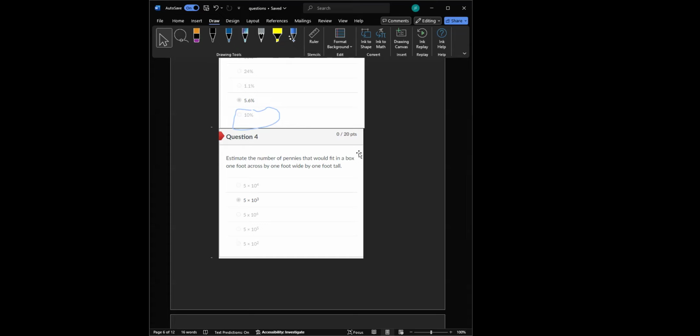Gotcha. My notes for this one: length times width times height. So 1 foot cubed. A penny is 0.75 inches, so I converted inches to feet. So 0.75 inches to foot cubed is a very, very small number. Gotcha.